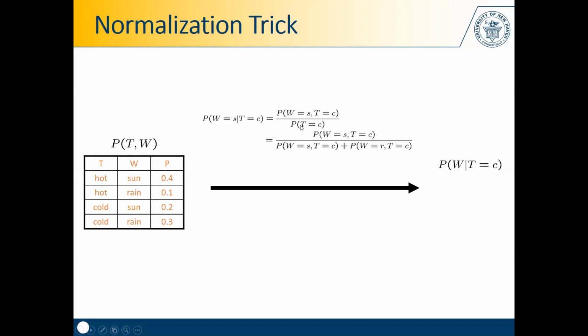We can write this as the probability of W being S, T equals C, so it's representing this row here, this value here, plus the probability of W being R and T being equal to C, right? Okay, we already knew this.